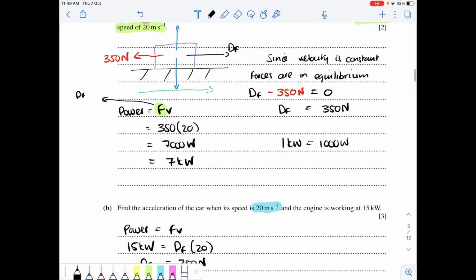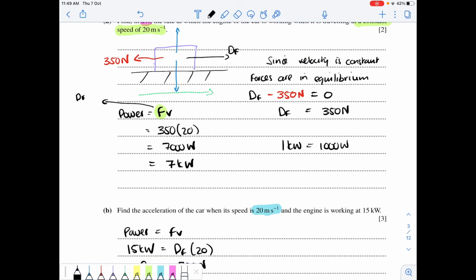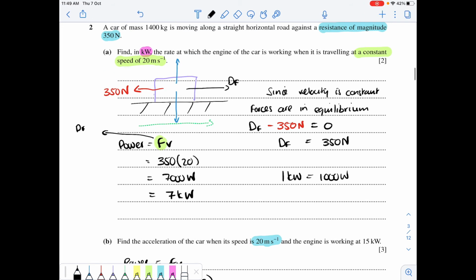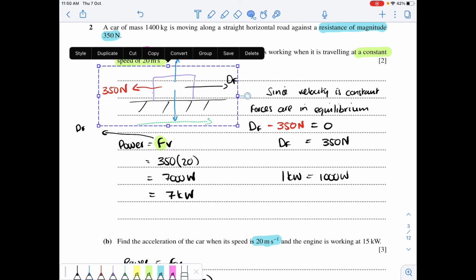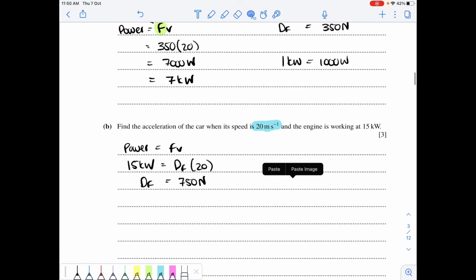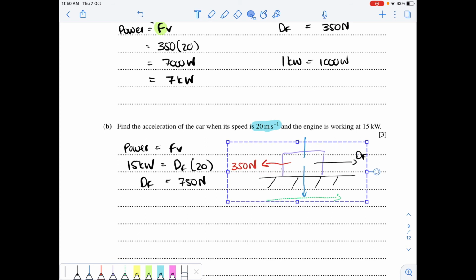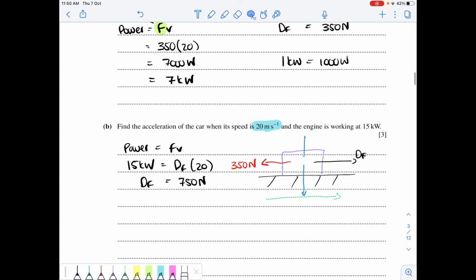If we look at our original diagram, we can change it. So here's our diagram again. Direction of motion is still the same. Resistance to motion is the same, except this time we've calculated the driving force as 750 newtons.